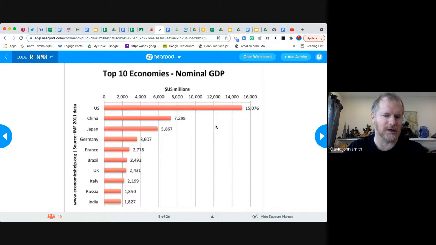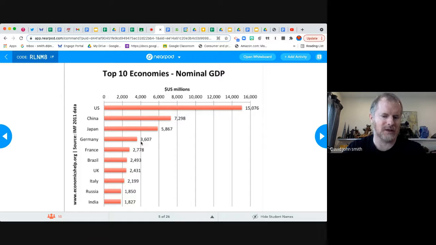And then here's China, again 2011 data, but China has about $7.2 trillion worth. So if we use this to compare these countries, we might suggest that the US has effectively twice or nearly twice the value of GDP that China does in this context.